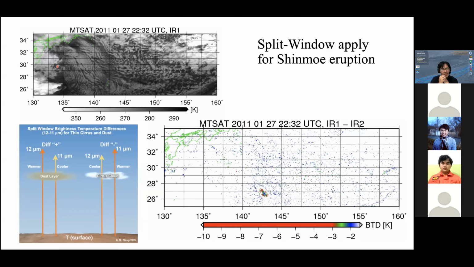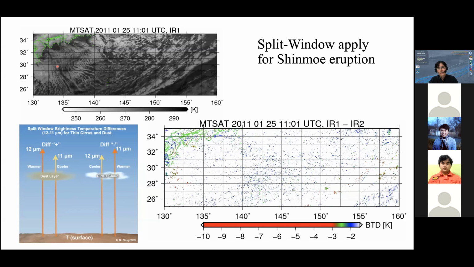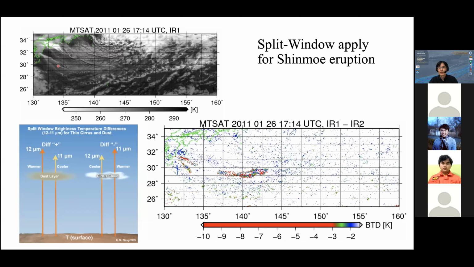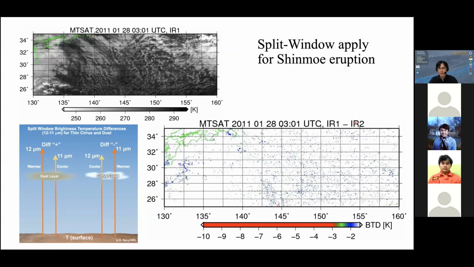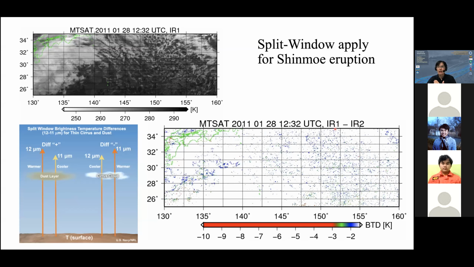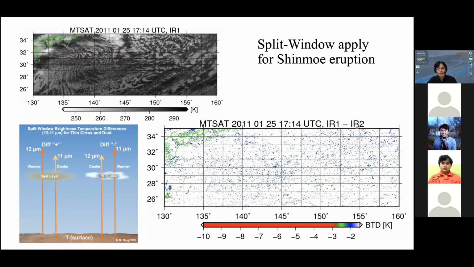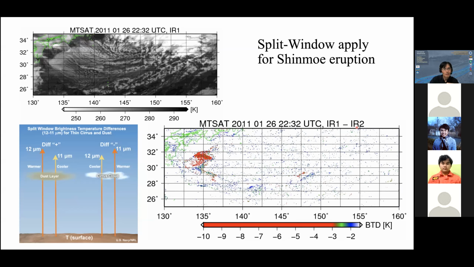If you look carefully, you can see the eruption, but it is easier to visualize the difference IR1 minus IR2, 10 micrometers minus 11 micrometers, due to the material difference between cloud particles and dust from the eruption.